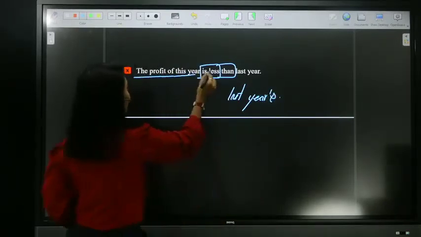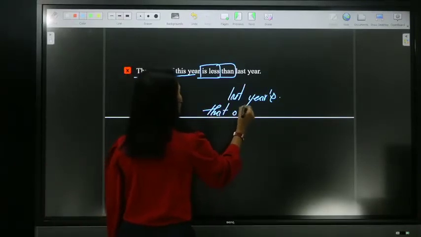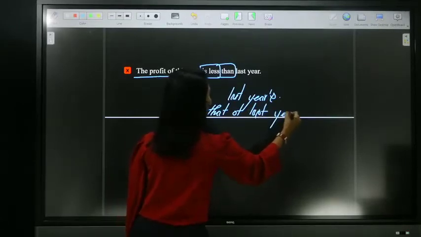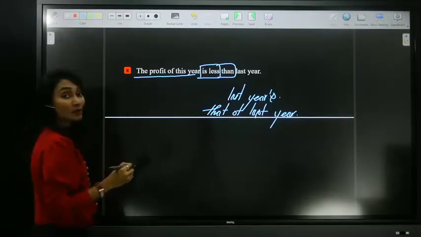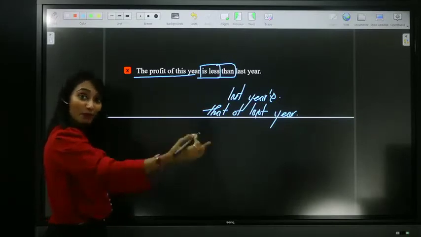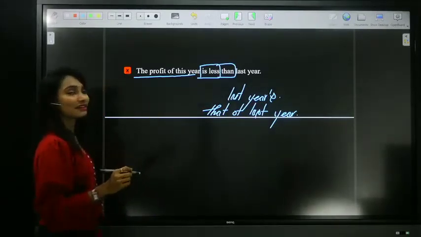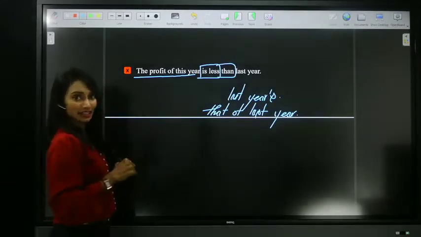That is less than that of last year. So you might have remembered, my car is more expensive than that of my brother. In the same way, the profit of this year is less than that of last year.